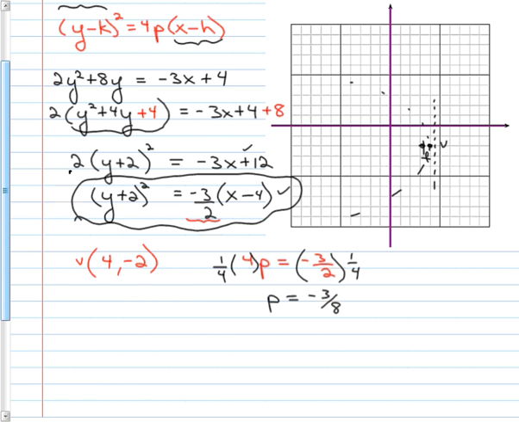So I just need to figure out what those points are. That vertex, remember, was 4, negative 2. I backed up 3/8 to get to this focus. So 4 minus 3/8. You can do a mixed number if you want. 3 and 5/8. 8 times 3 is 24, plus 5 is 29/8.